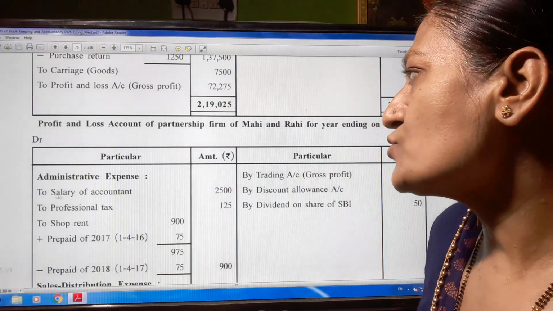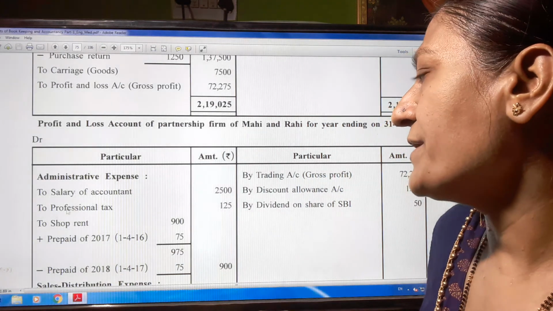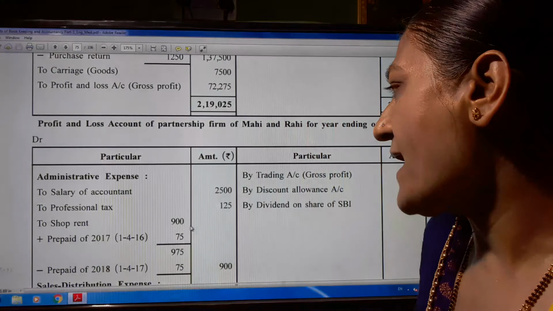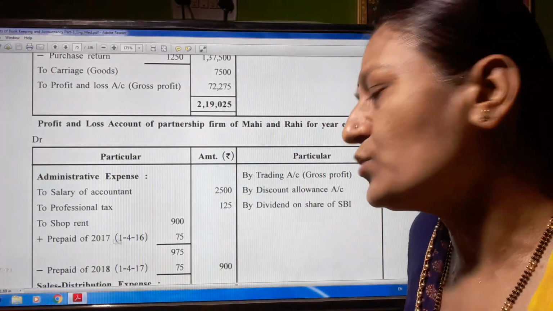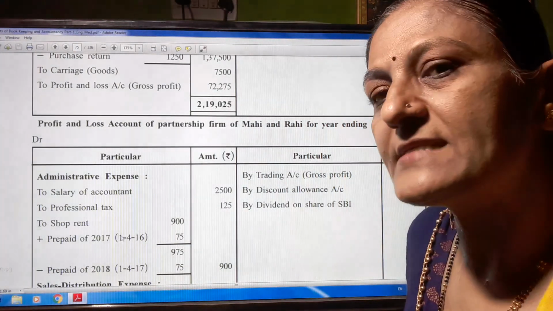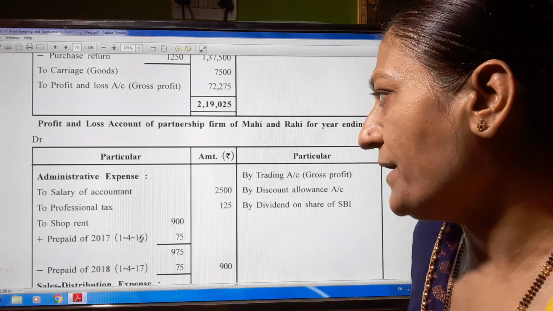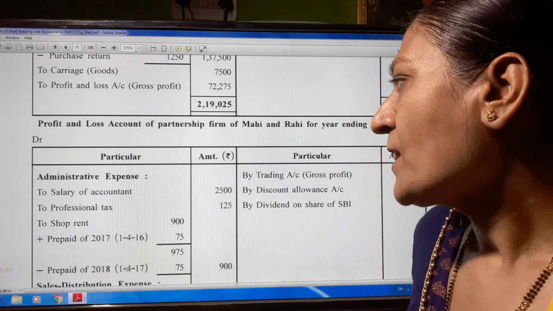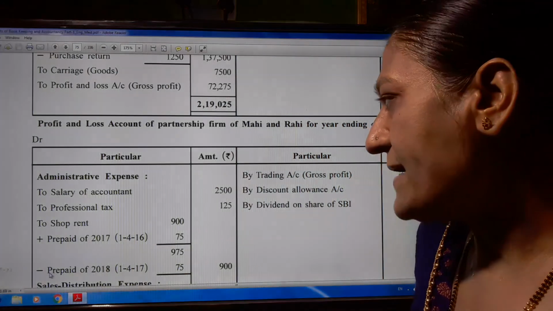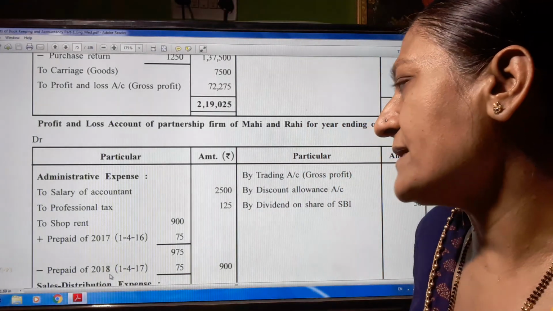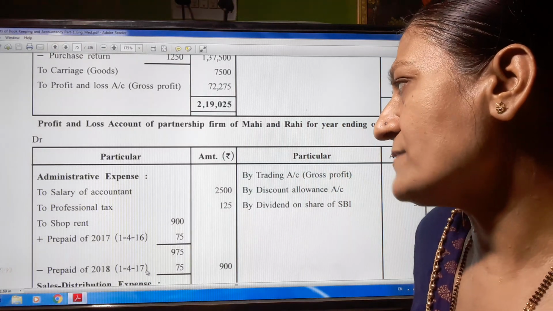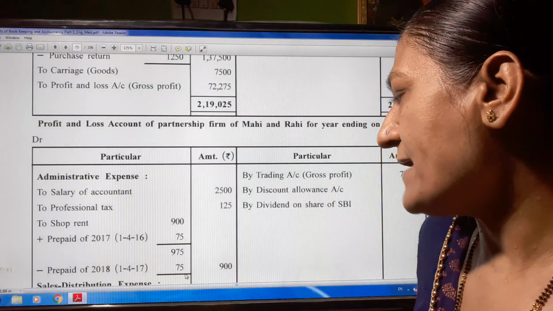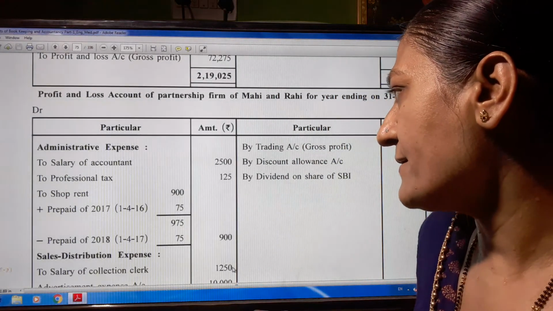Administrative expenses: to salary account 2,500, to professional tax 125, to shop rent 900 plus prepaid of 2017. 2017's shop rent we paid on 1st April 2016, so it is 75. 975 minus prepaid of 2018. On 1/4/2017 we paid 75 for the next year. So we minus this amount. So the outer column is 900.